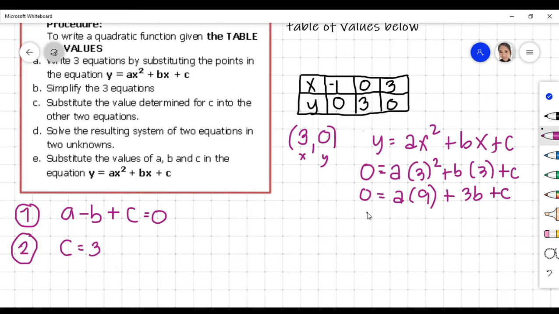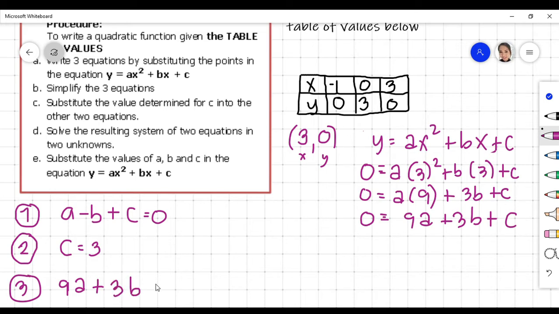So simplifying that, that is 0 equals 9a plus 3b plus c. So our third equation is 9a plus 3b plus c equals 0.